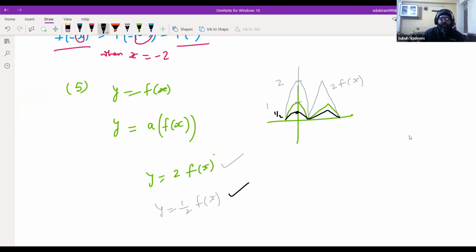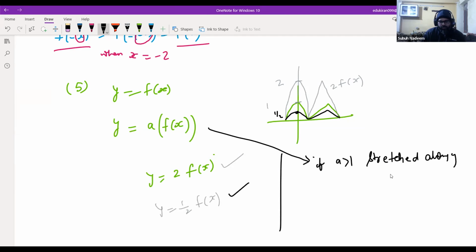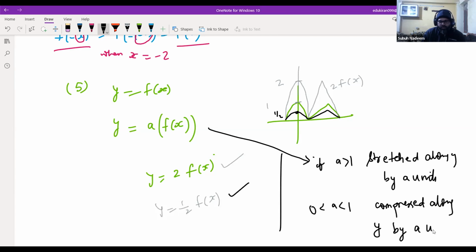So what will happen here is, we can say if a is greater than 1, stretched along y by a units, and if a is between 1 and 0, compressed along y by a units.